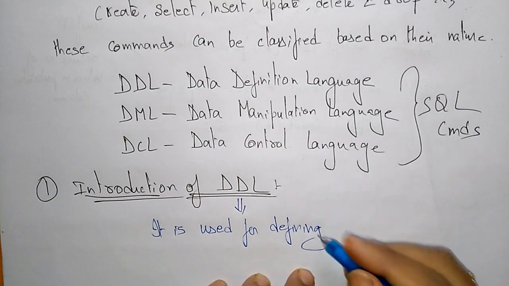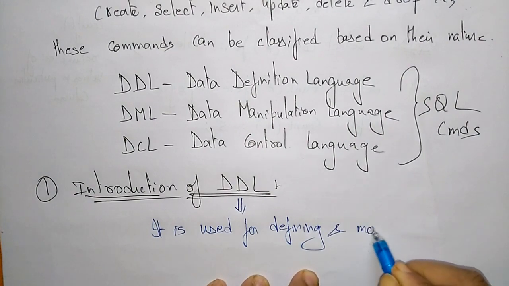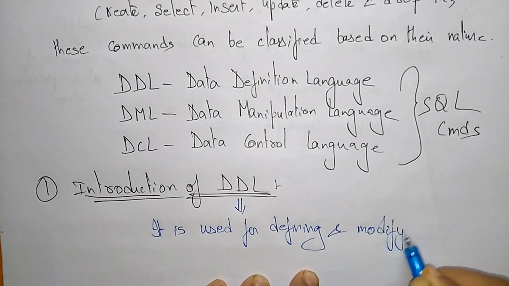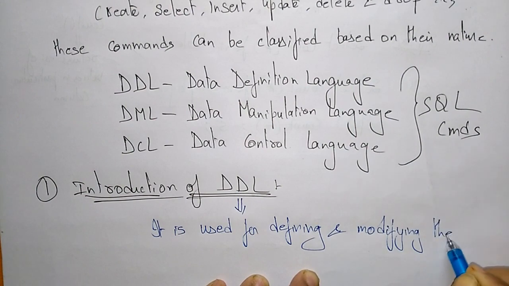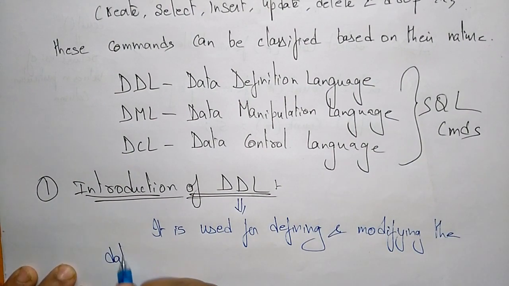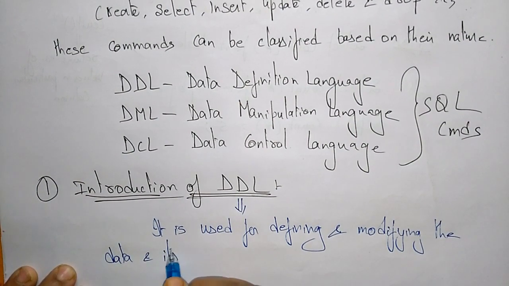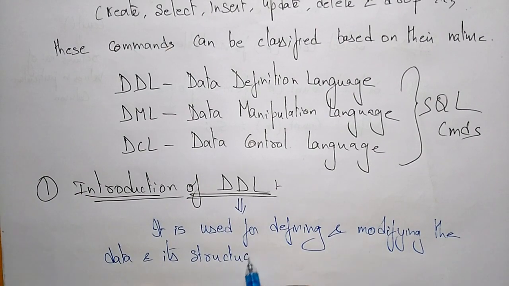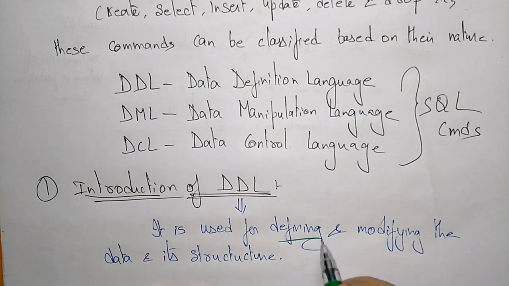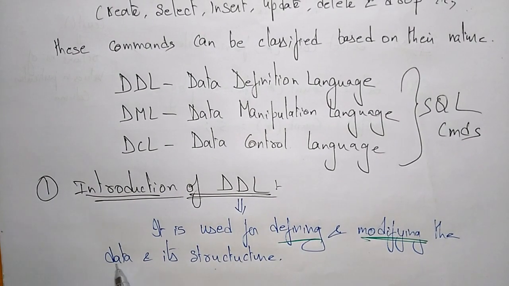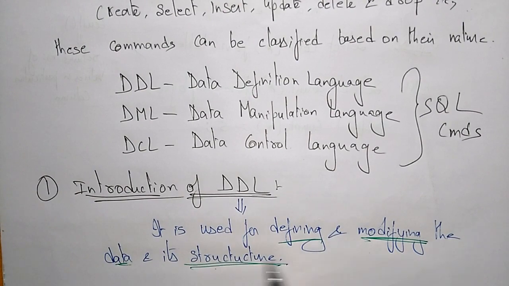It is used for defining and modifying the data and its structure. So the main use of the commands used in the data definition language is defining and modifying the data as well as its structure.